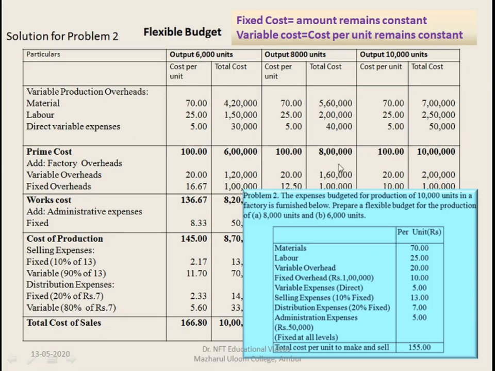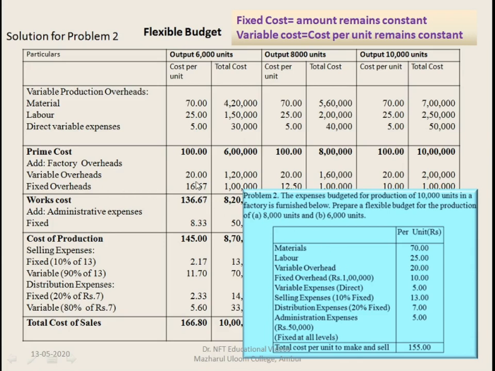So you can write for 6,000 units also 1 lakh, 8,000 units also 1 lakh, and for 10,000 units also 1 lakh. But per unit cost changes here. So 1 lakh divided by 6,000 gives you 16.67. 1 lakh divided by 8,000 gives you 12.50, and 1 lakh divided by 10,000 gives you rupees 10.